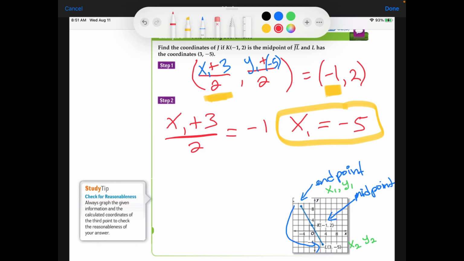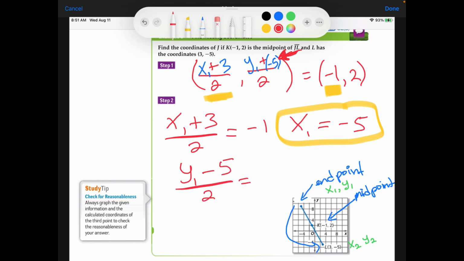And now we can set the other equation, which was to find my y values. So what's a negative times a positive? It's a negative, so I'm going to go ahead and change this plus sign to a negative because right here we have a -5 times the plus sign, which means it's a -5 now.